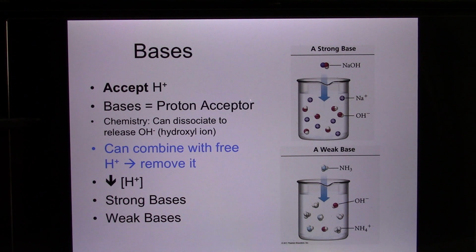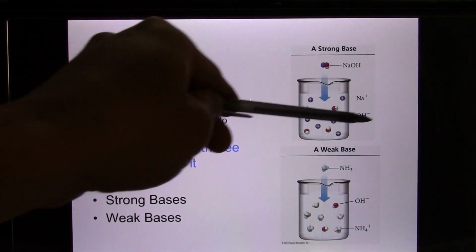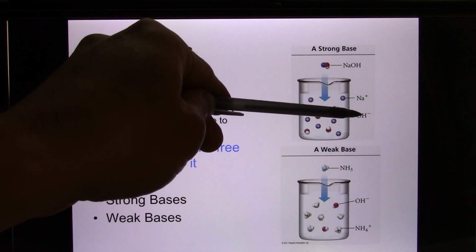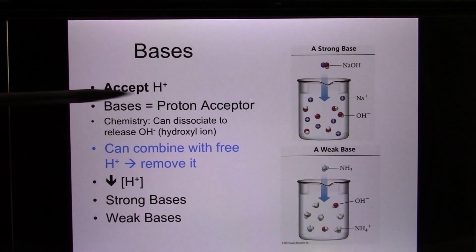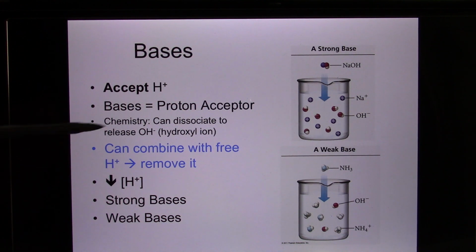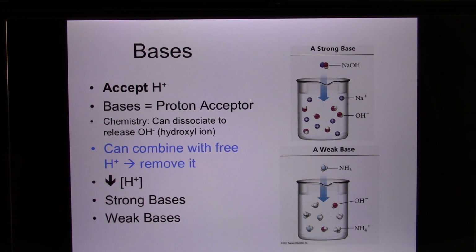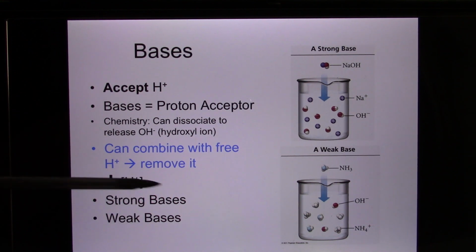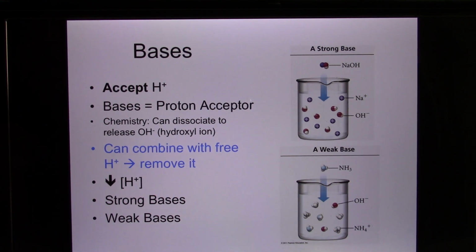And both of them are correct, because when you have a lot of OH, they can accept more H plus, because OH and H plus together become H2O, so they can remove more H plus. So both are correct definitions: either they accept more H plus or they have more OH. So you can have a strong base that takes more H plus away, or a weak base that takes less H plus away.